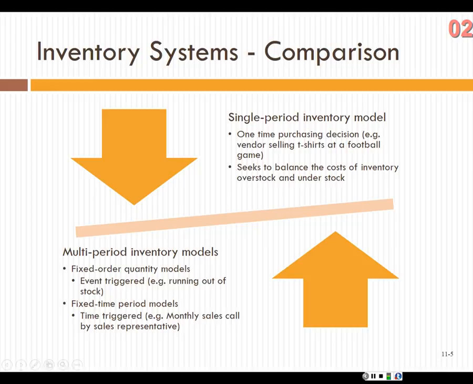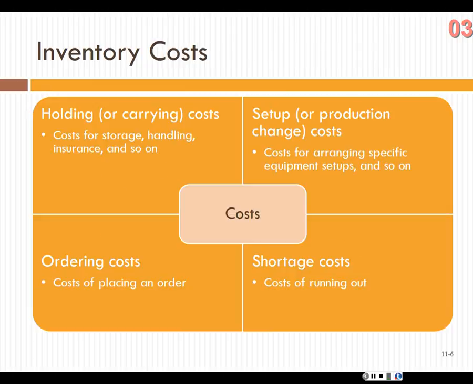Today we're going to work on the fixed order quantity models, which we call our event triggered, meaning when we get to a certain point of inventory, that event is what triggers us to then place another order. And we're going to talk today about identifying both the reorder point and what the economic order quantity is, okay, and why it's called the economic order quantity, okay?